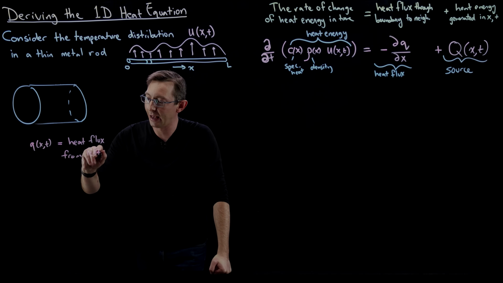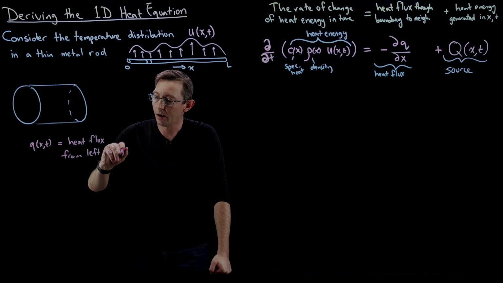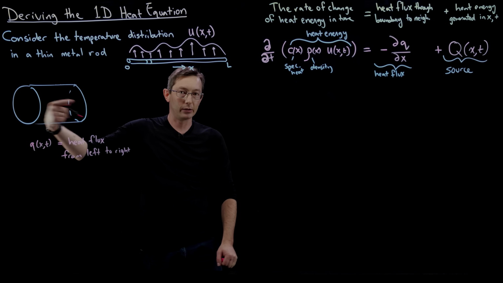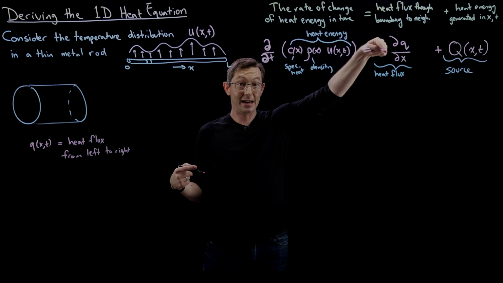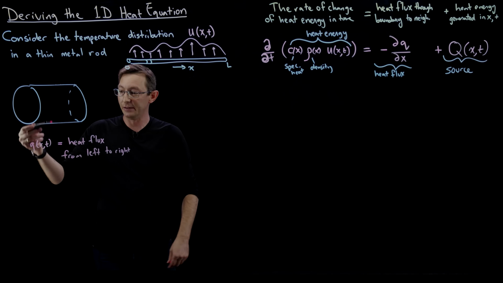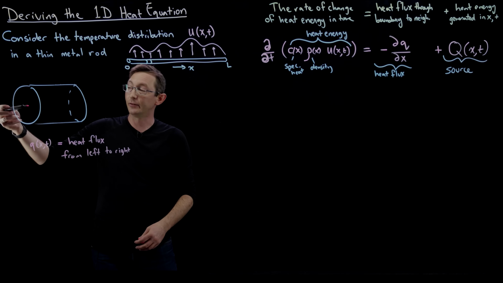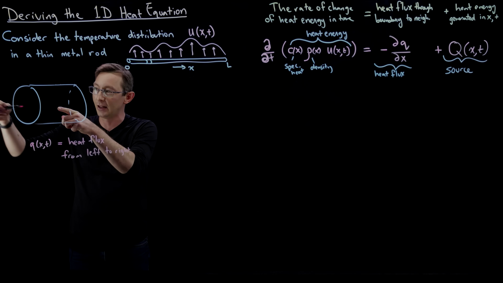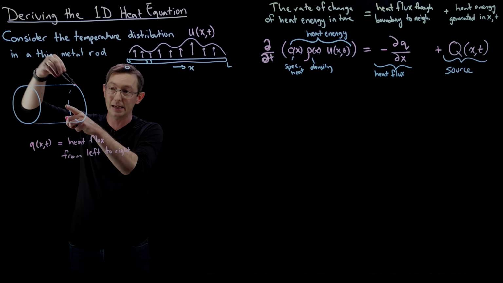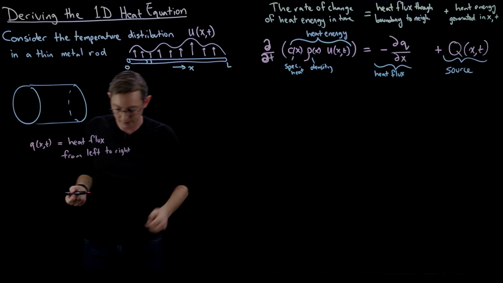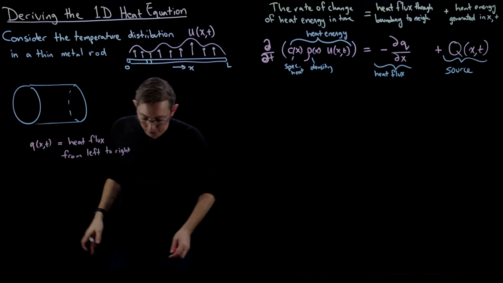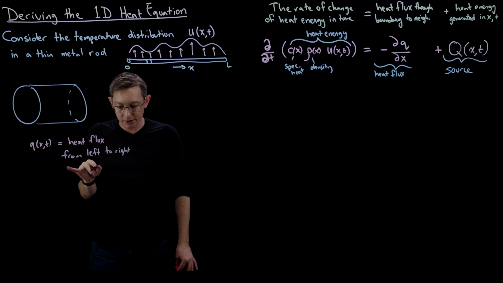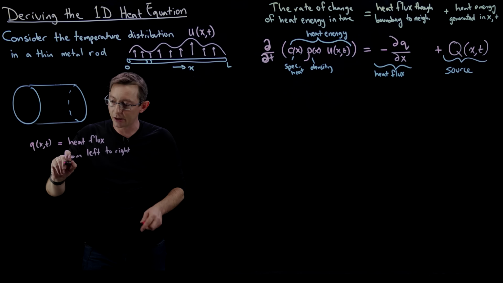And I have to say from left to right because that convention is what allows me to get this sign correct. So I have to pick how the heat flux is defined. Positive heat flux goes from left to right. So this gains heat if heat flux comes in from the left, and it loses heat if it flows out to the right. Okay? Good.